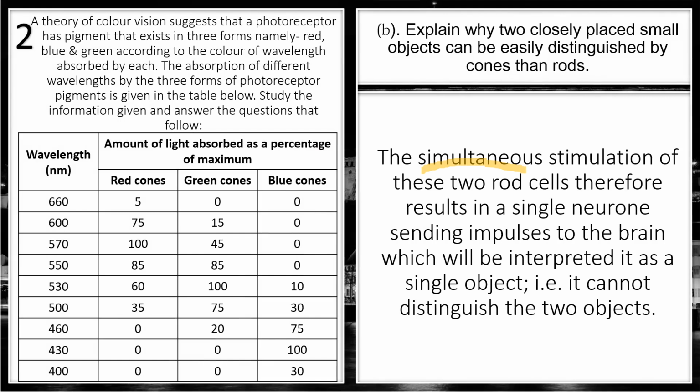This simultaneous stimulation of the two rod cells therefore results in a single neuron sending impulses to the brain, which will be interpreted as a single object. That is, cannot distinguish the two objects.